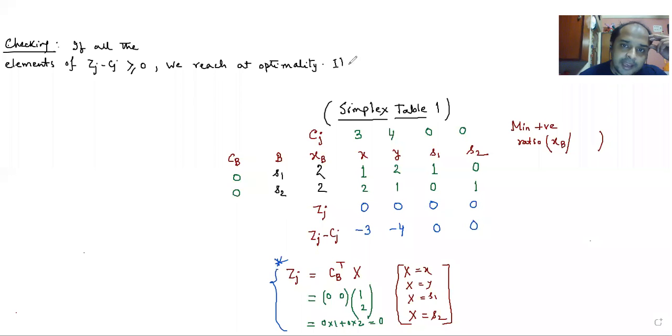If at least one Zj minus Cj is negative, we have to proceed further.